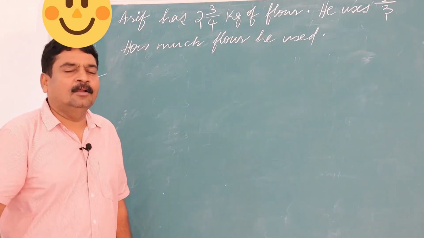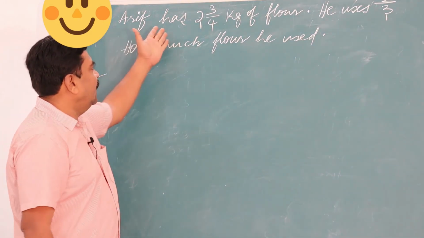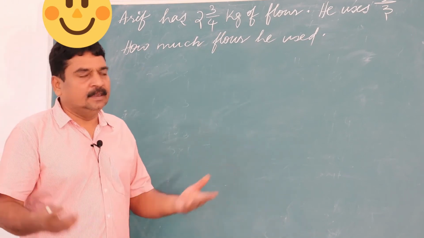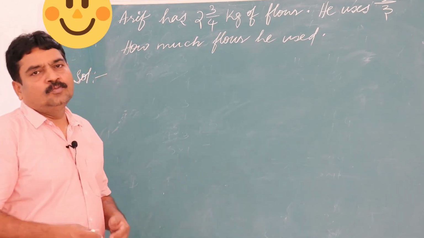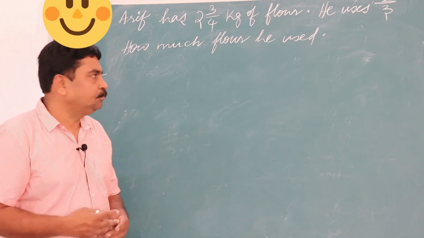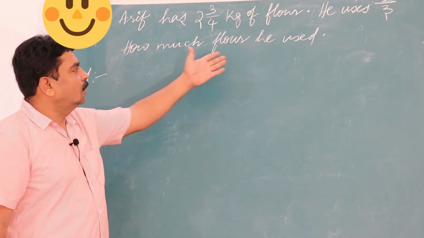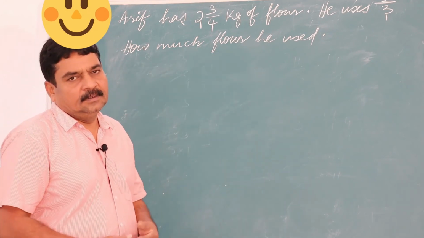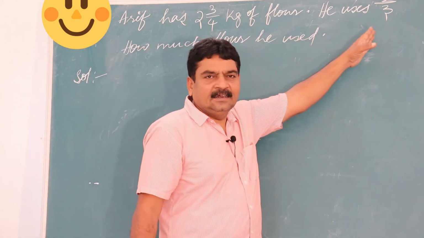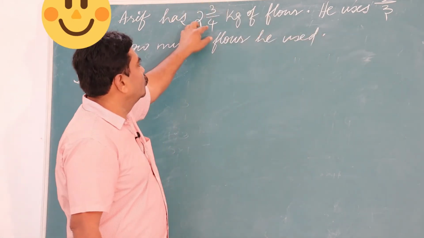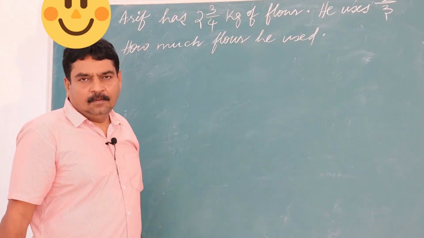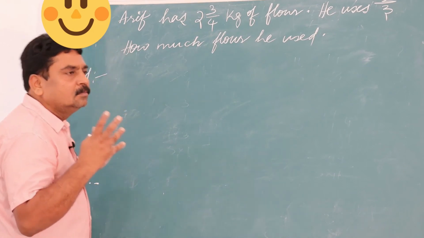Arif has 2 3 by 4 kg of flour. He uses 2 by 3 of it to bake a pie. How much flour did he use? So he uses 2 by 3 of the total flour. He has 2 3 by 4.